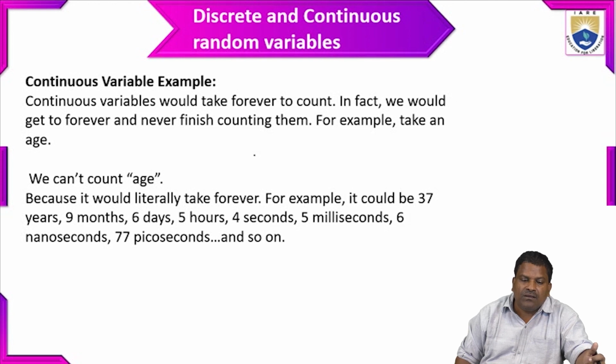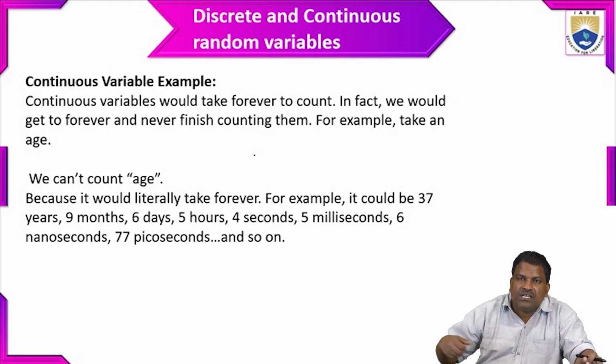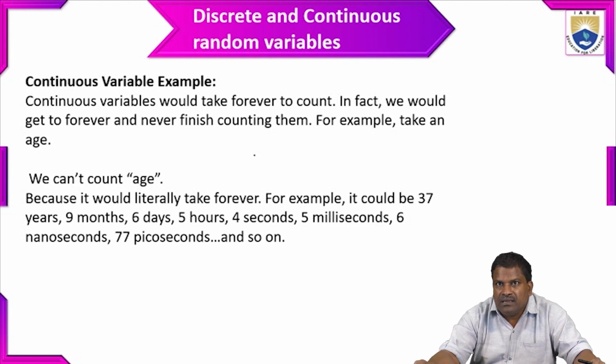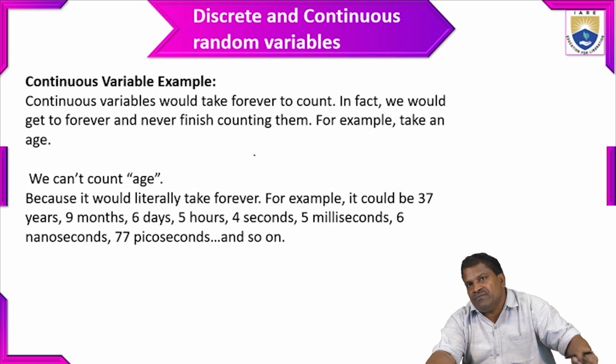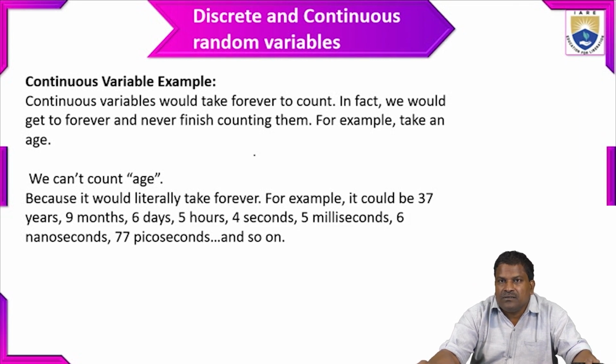So why does age come under a continuous variable? Previously, as I discussed this matter, at that time my age was different. Now, if my age is counted, it is definitely different from the previous one.